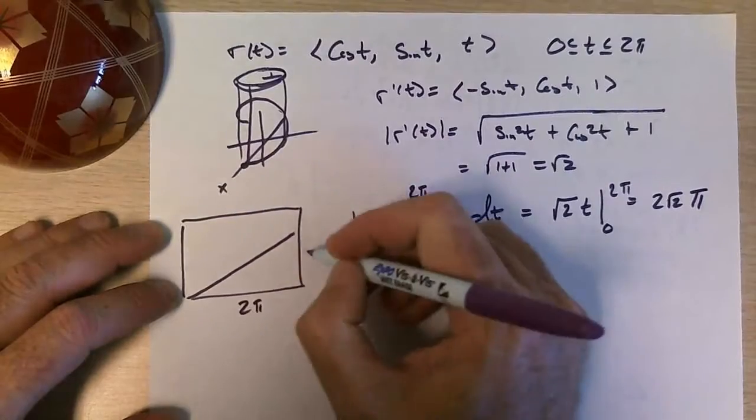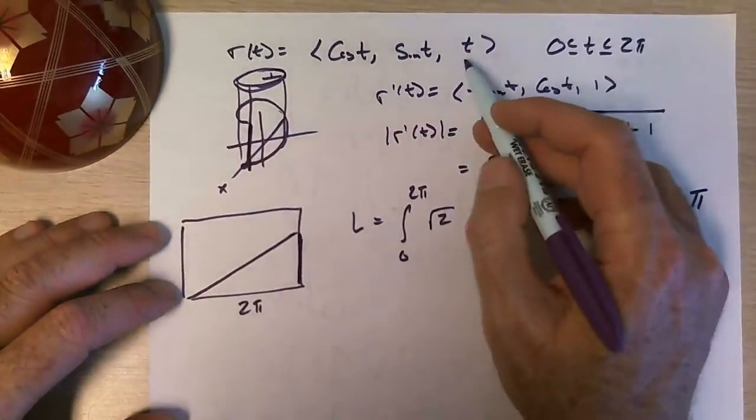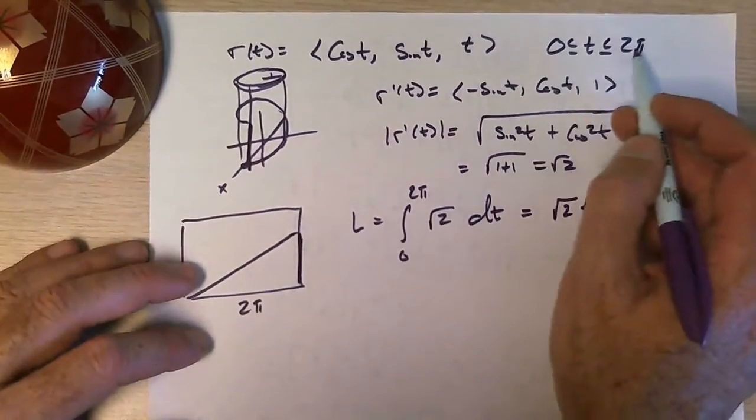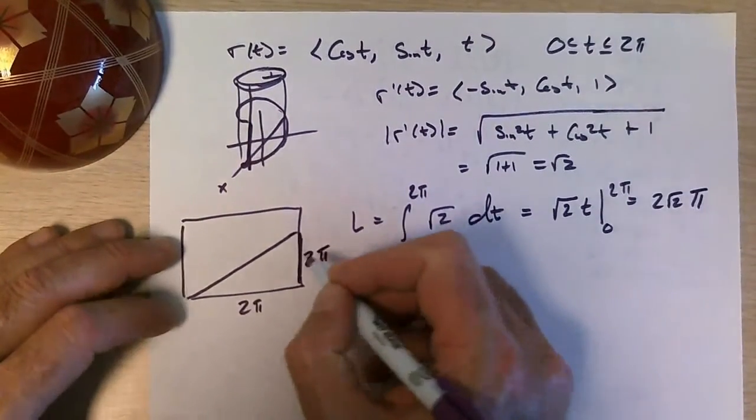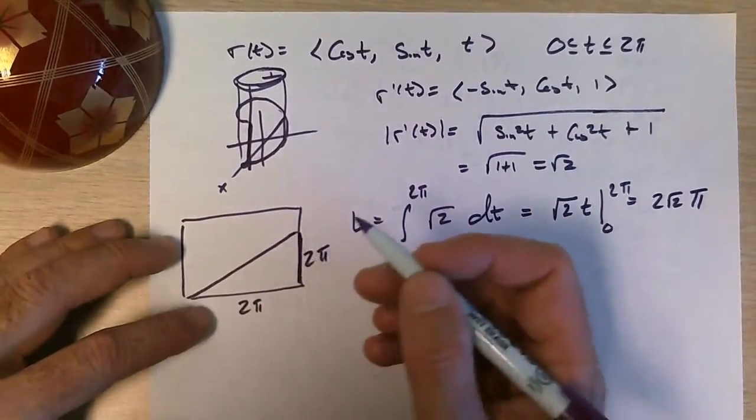So that's just 2 pi. And the altitude that I gain here, well, z goes from 0 to 2 pi, so that's also 2 pi. So this length right here is 2 pi times the square root of 2.